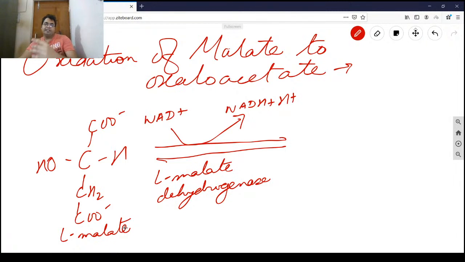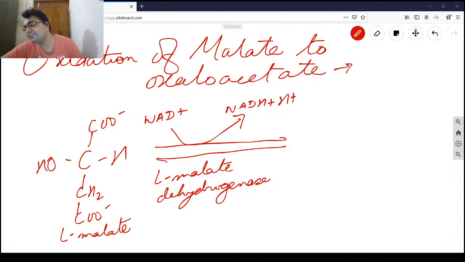Then the alpha-ketoglutarate was again oxidatively decarboxylated to succinyl coenzyme A. Then succinyl coenzyme A became succinate. Then succinate became fumarate, and that reaction had FAD as the cofactor, and FADH2 was produced.